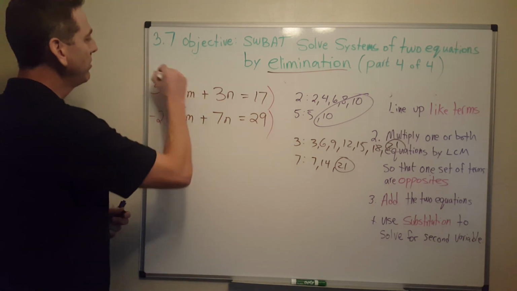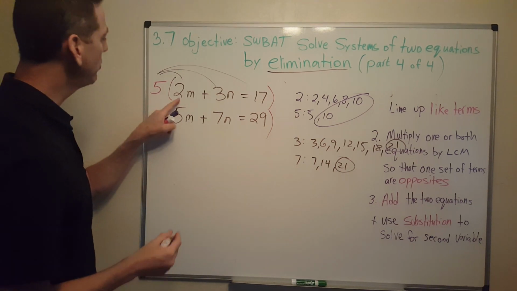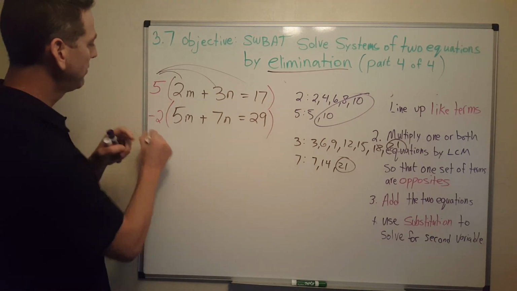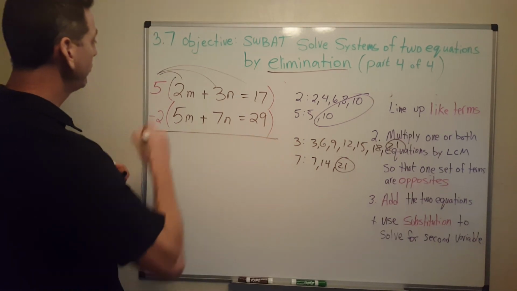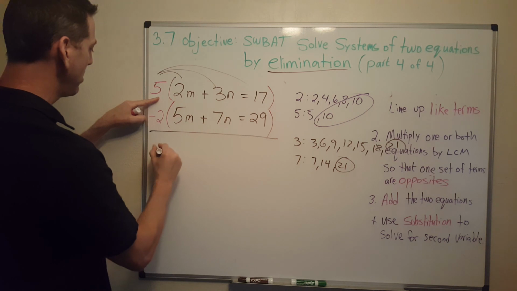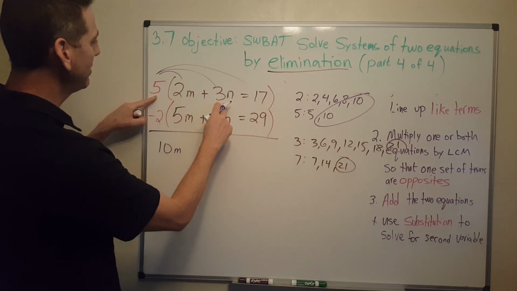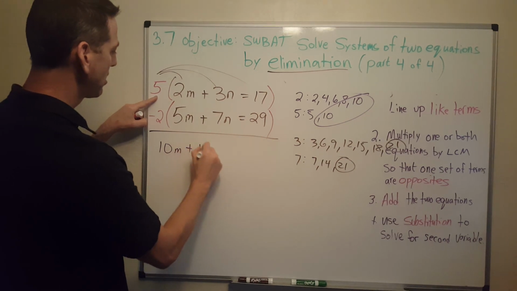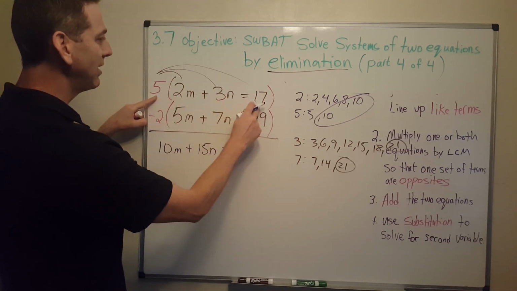So let's go ahead and distribute that 5. 5 times 2m is 10m. 5 times 3n is 15n. And it's going to be equal to 5 times 17.